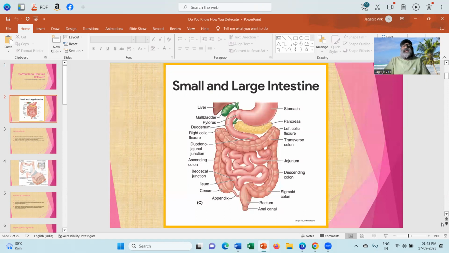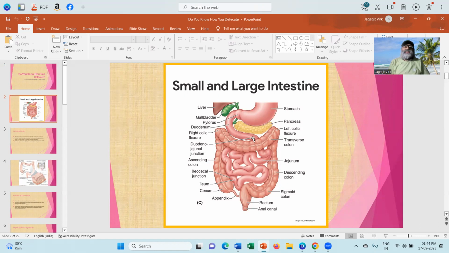First of all, I will give you a small glimpse of the anatomy of our gastrointestinal system. Here is the stomach. It starts with the duodenum, which is a C-type tube.